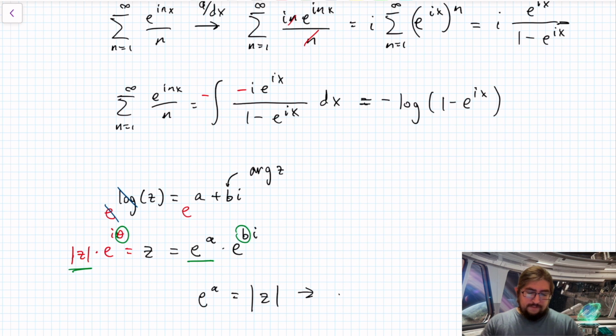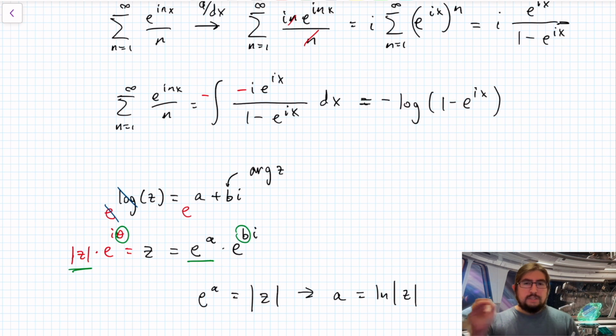So if you want to get a by itself, it's log base e, which is ln of the absolute value of z. Now, why are we allowed to use ln here? It's because the absolute value of z, or the magnitude of z, is a real number, and ln applies to real numbers. So log, the complex logarithm, I do mean log base e, but I'm taking it of a complex number.